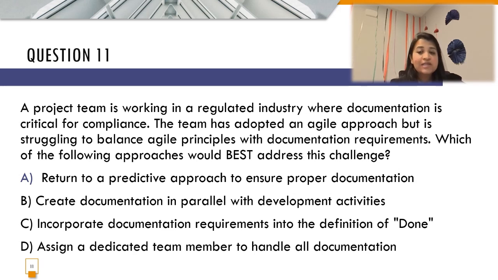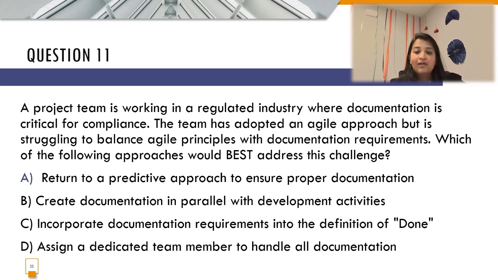But since this particular project is from a regulated industry where compliance has more impact, whatever documentation has to be developed is incorporated into definition of done, which means that whatever working software you deliver should also mandatorily include documentation attached to it. Only then will it be identified as done or completed successfully. So the team integrates the compliance needs into their agile workflow.